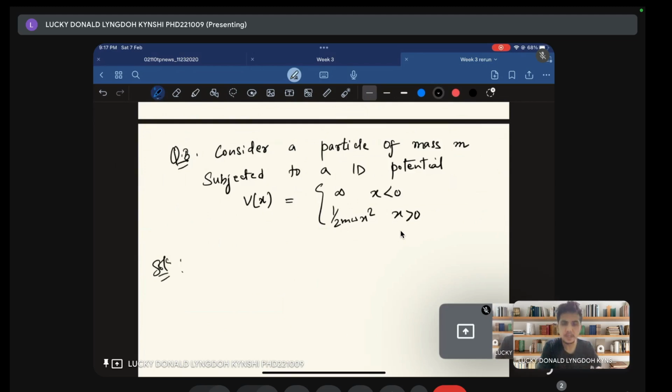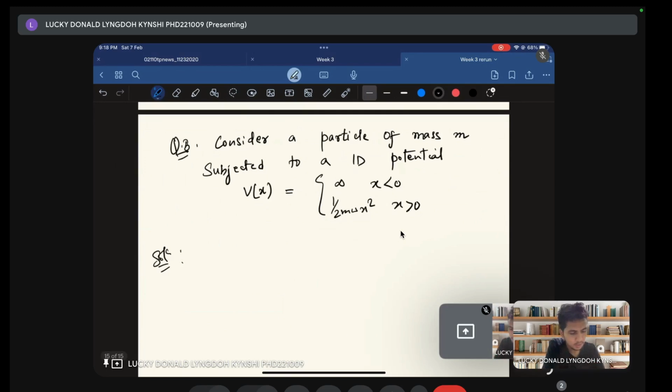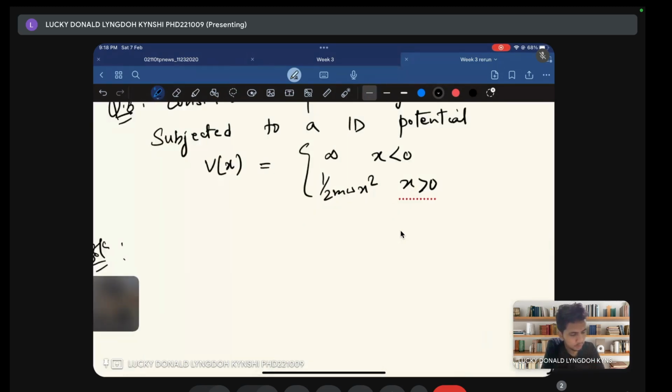There is one difference between the potential which I have given to you and this potential. Half of m omega x squared is the same, except that if you draw the potential, it will be this way. Why?